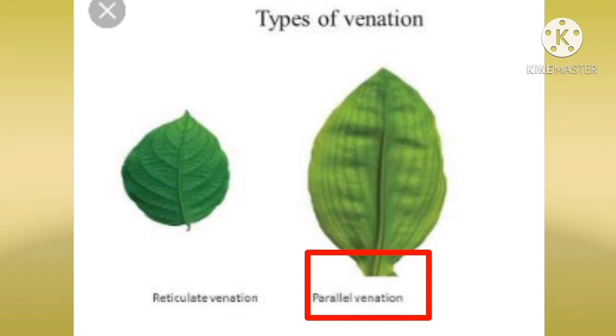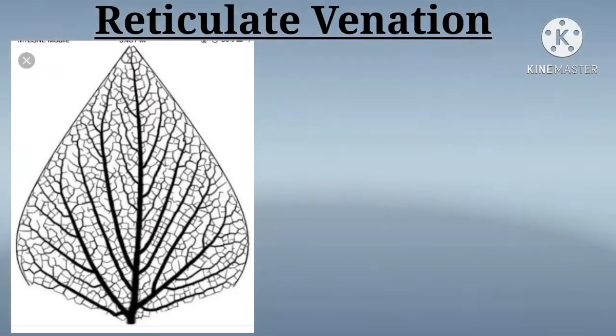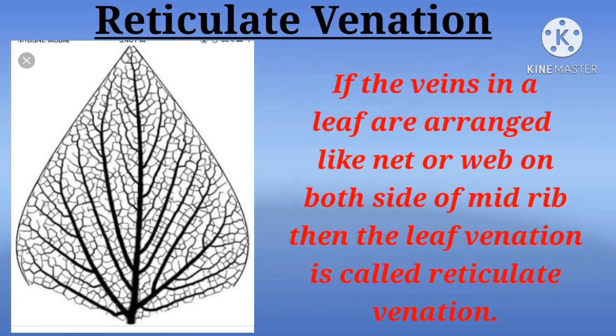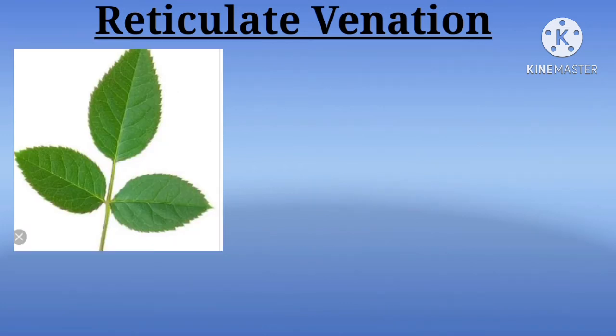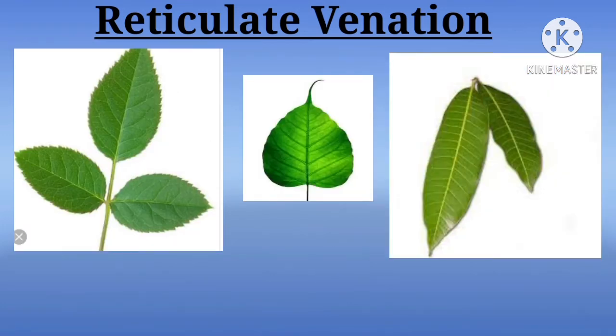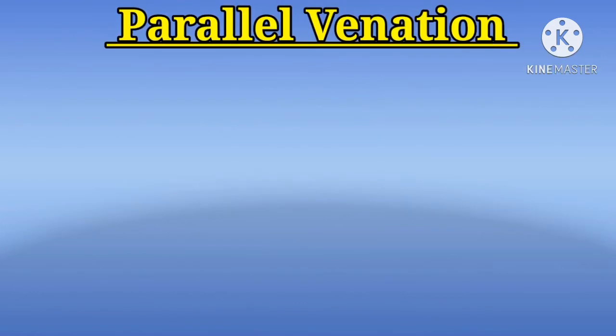Now let us see what is reticulate venation. If the veins in a leaf are arranged like a net or web on both sides of the midrib, then the leaf venation is called reticulate venation. Examples are rose, peepal plant, mango plant, etc.